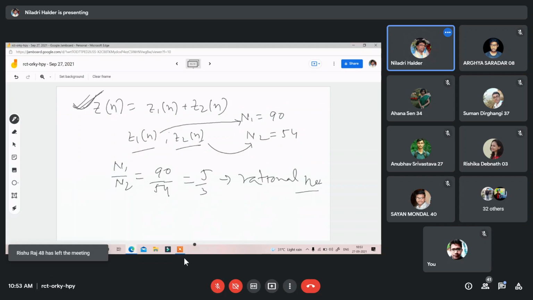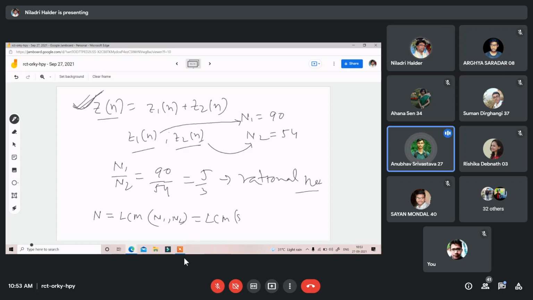And what is the period N for zn? Calculate the LCM of N1 and N2. What will be the value of the LCM of N1 and N2? Anyone? 270. 217 or 270? 270, sir.